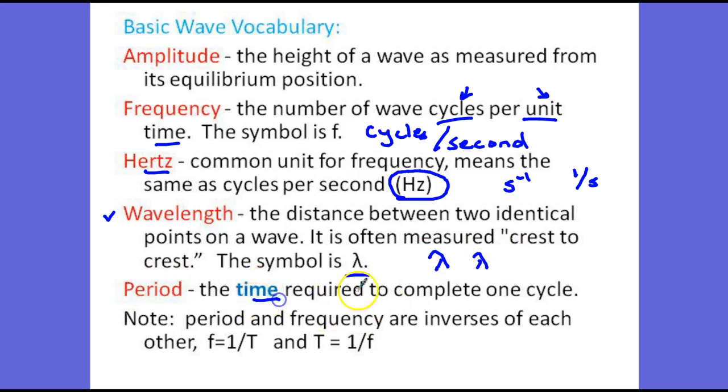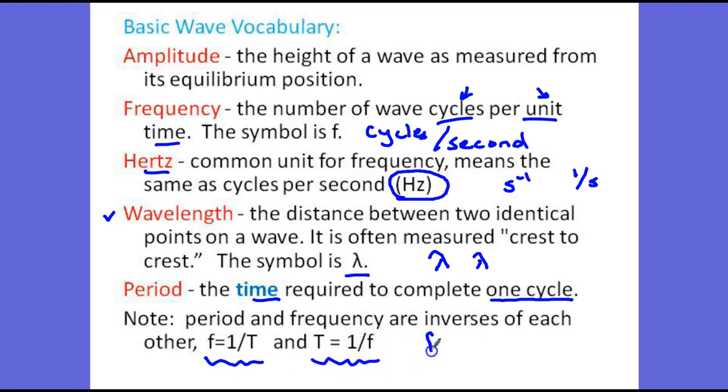Period is the time required for one cycle. Frequency is how many cycles happen in a second, and period is how many seconds it takes for one cycle. And you can see from there that frequency and period are inverses of each other.